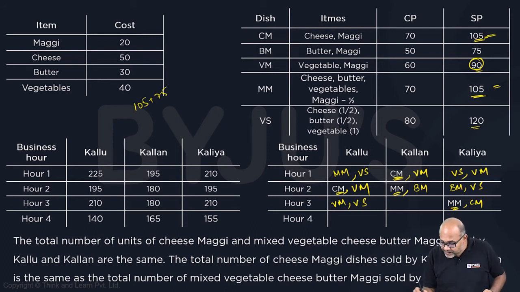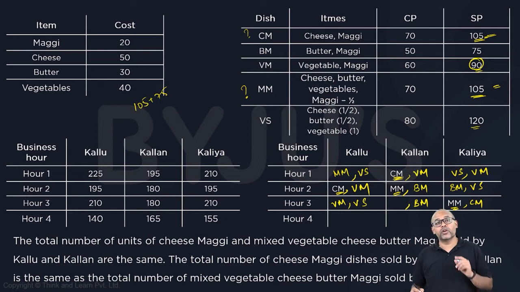So 75 has to be butter Maggi. Now 105, again there are two possibilities. It's either CM or it is MM. But MM is not possible because I've already printed it. If this is MM, then nobody else has MM in the third hour. So it cannot be MM, so it has to be CM. So this is the information with us.